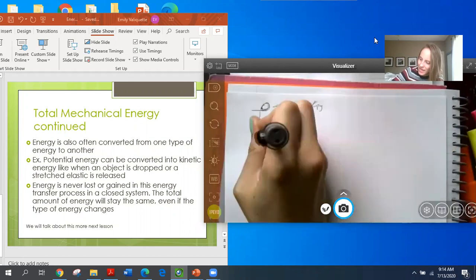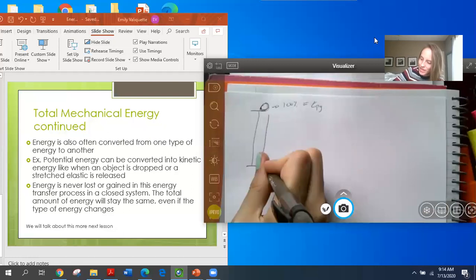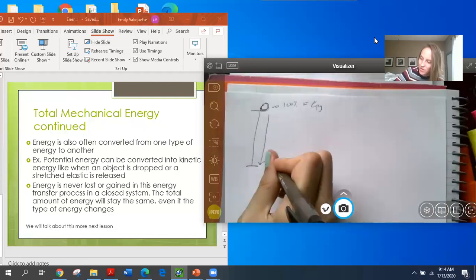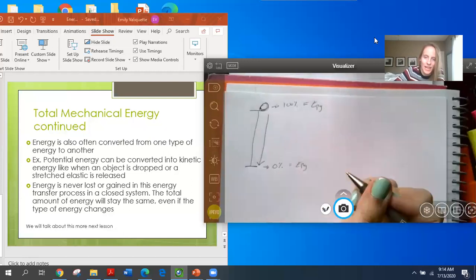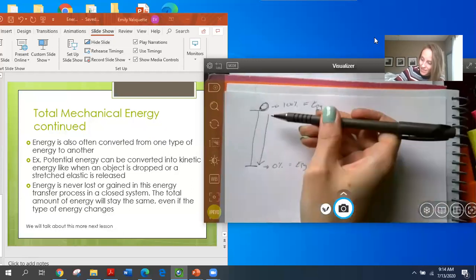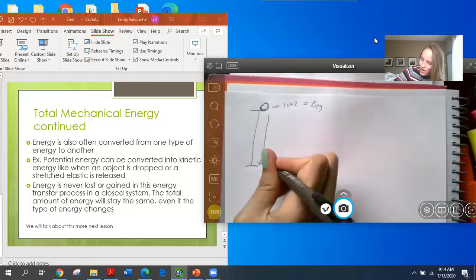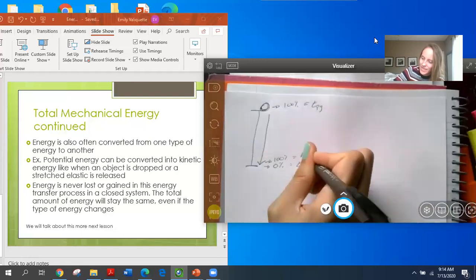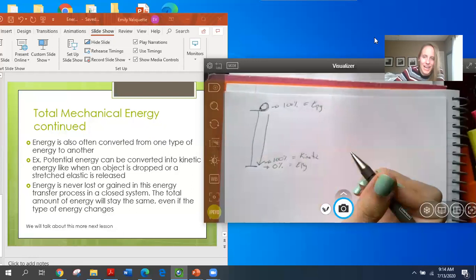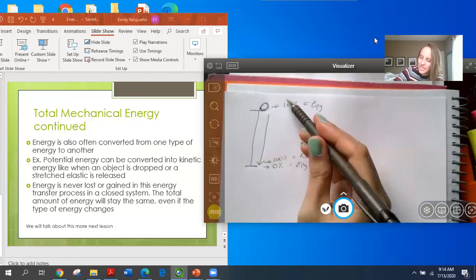By the time it hits the ground, as we've talked about before, it is going to have 0 of its energy being gravitational. However, right as it hits that ground, 100% of its energy is kinetic. And so at any point through this fall, that conversion is happening.